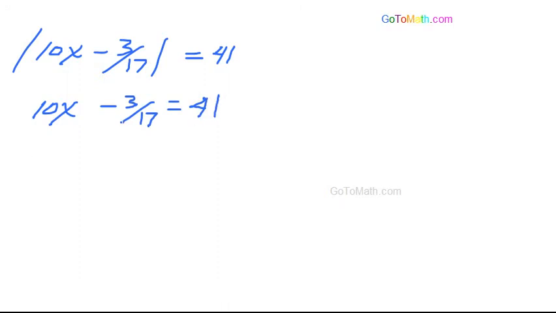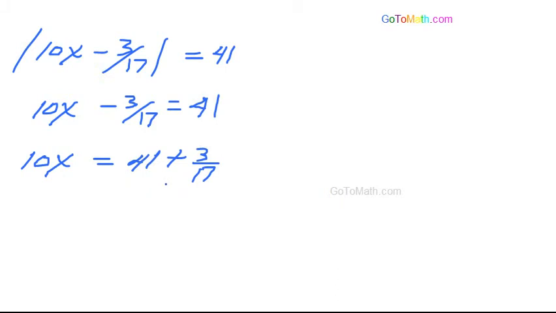And then go ahead now and take this 3 over 17 over to the right hand side. So we have 10x is equal to 41 plus 3 over 17.